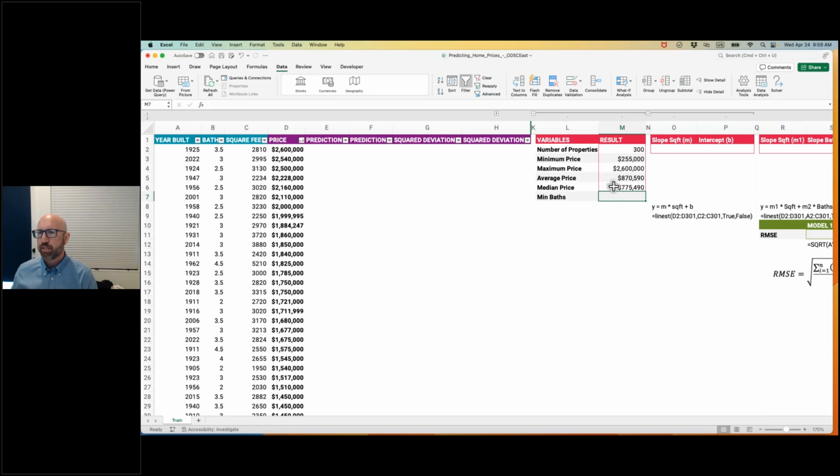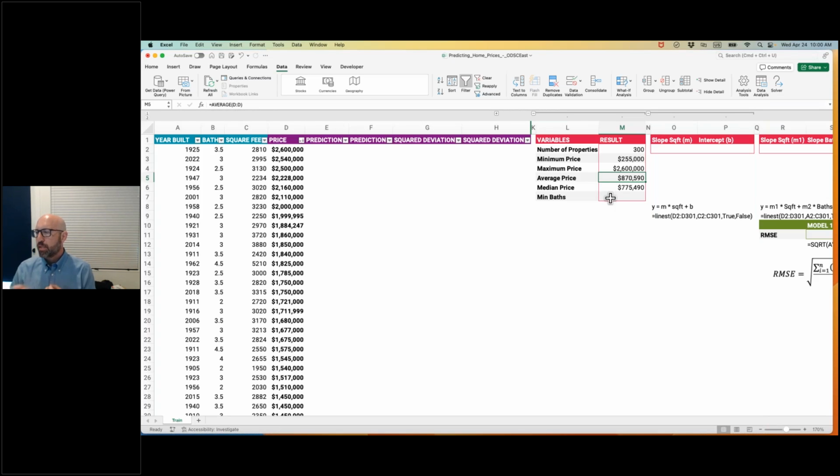Notice that the average and the median do not agree. And the reason for that is because if they were to agree, that means that there's no outliers in our data set. But the fact that they don't agree, this tells me that there's some properties that are extremely expensive that are probably pulling our average to a higher price. So those are just bits of information.